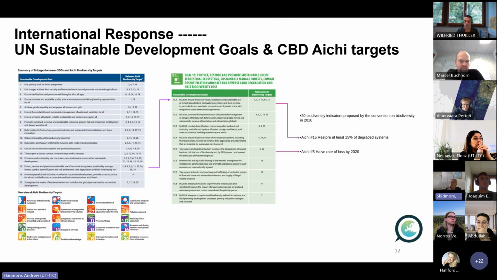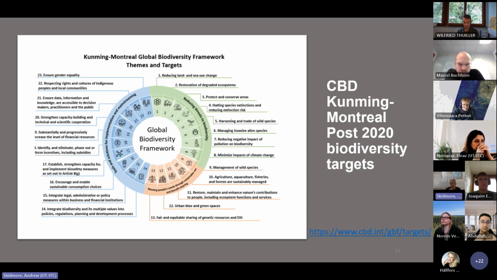So what's been the response to this? Well, the international response has been, firstly, the UN Sustainable Development Goals, the SDGs, and also the CBD, Convention on Biological Diversity, Aichi targets. And these two actually map into each other. The UN Sustainable Development Goals go much more broadly, as you know, than biodiversity, but the CBD really has been focusing on biodiversity indicators.